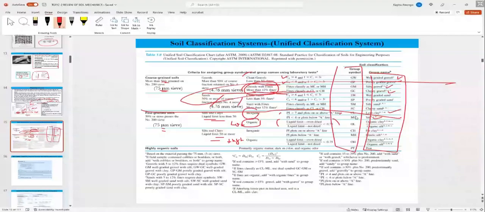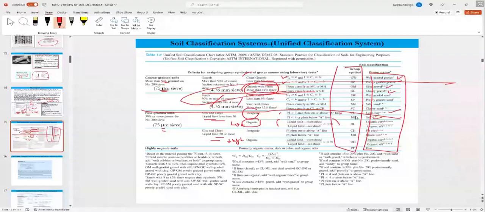ML will be silt of low plasticity. OL will be organic of low plasticity. CH will be clay of high plasticity or fat clay. Clay of low plasticity is lean clay.